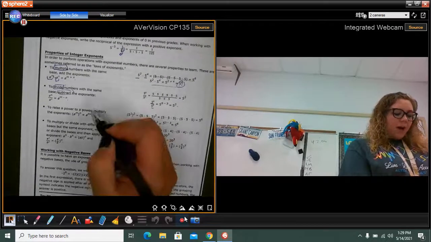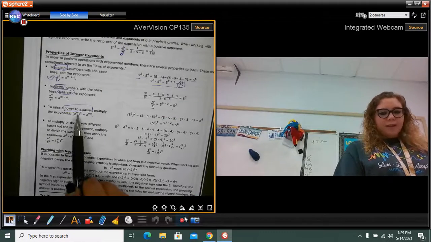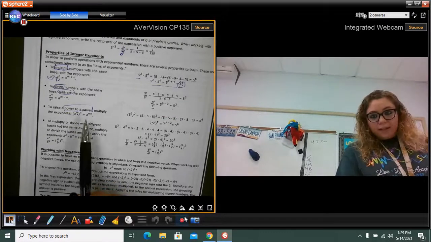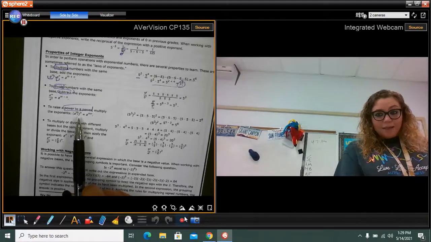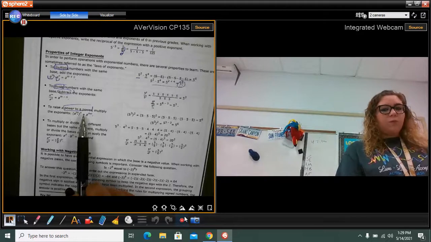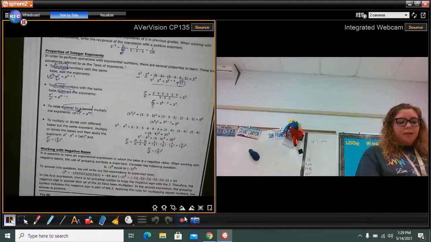To raise a power to a power, you're going to multiply. Okay, so you see how this is a power raised to another power? AKA, you see parentheses, and right outside the parentheses you have an exponent. That means you're going to multiply these together. And the way that helps me remember is I distribute this inside the parentheses. So it's going to be n times n.